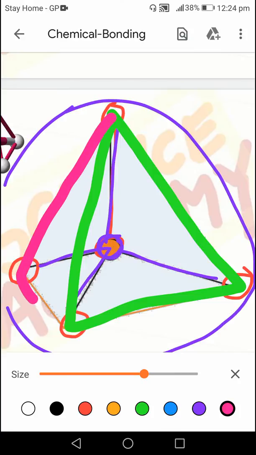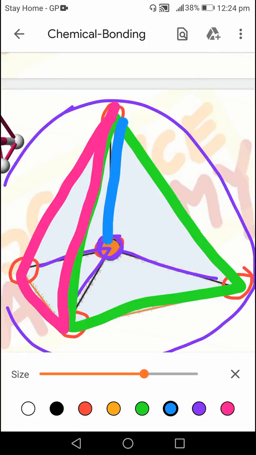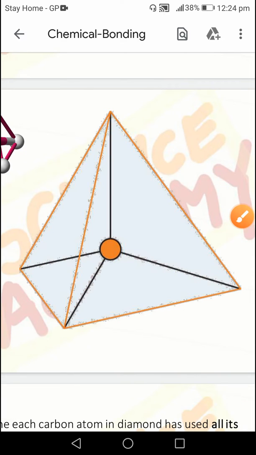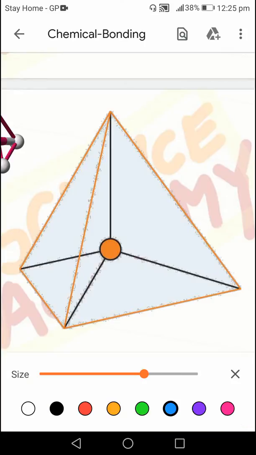This is one face, this is face number 2, and this is one face, this is face number 3. So till now we have drawn 3 faces.